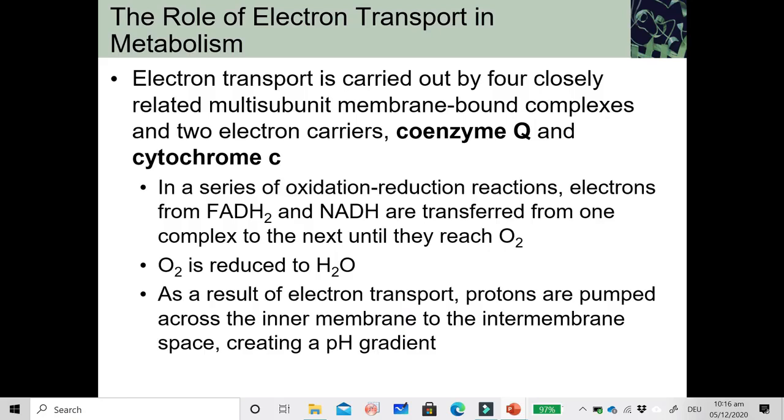The important thing to remember is that these membrane-bound complexes have the ability to accept electrons and to transfer electrons among the component proteins, specifically the iron in the heme or the iron in the iron sulfur complexes, and ultimately to coenzyme Q and to cytochrome C, and ultimately to oxygen for that matter.